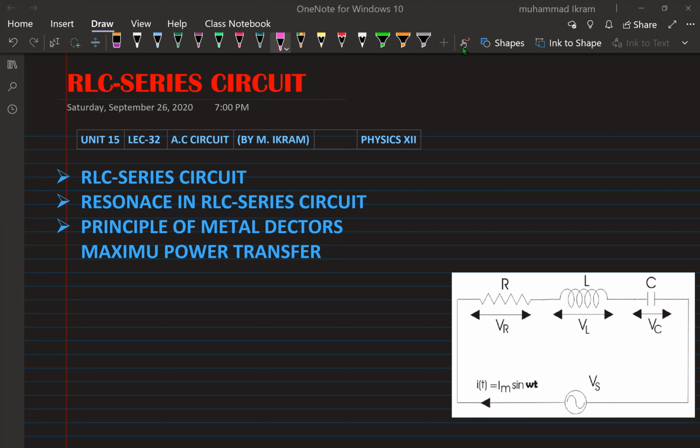The RLC circuit is a very useful and important circuit because it is used in the AM and FM radio tuner. It is used in the FM frequency modulation and AM amplitude modulation radio tuner circuits.